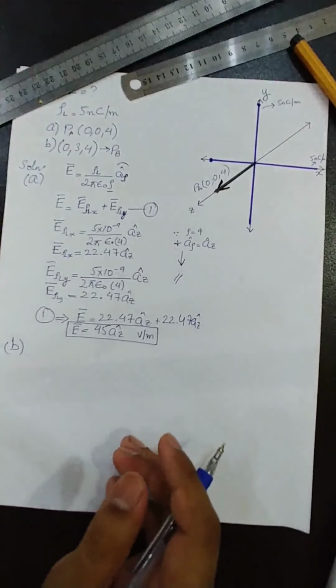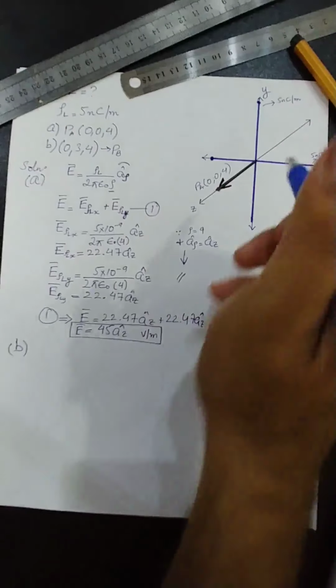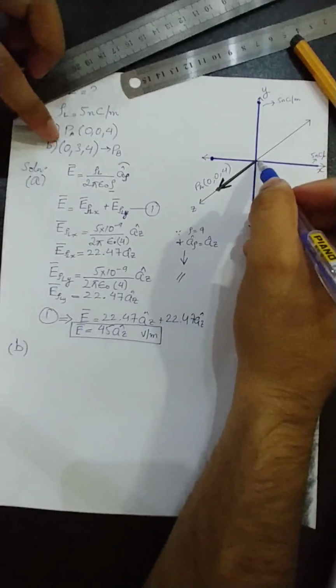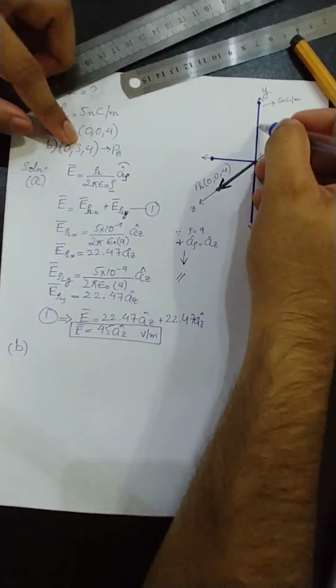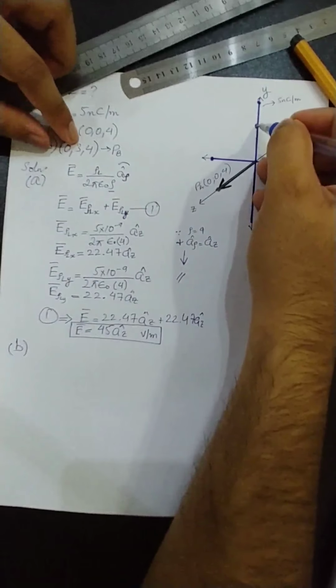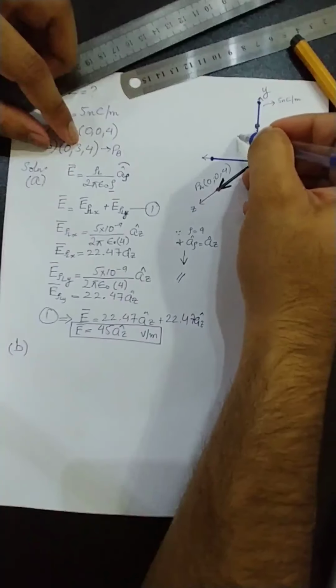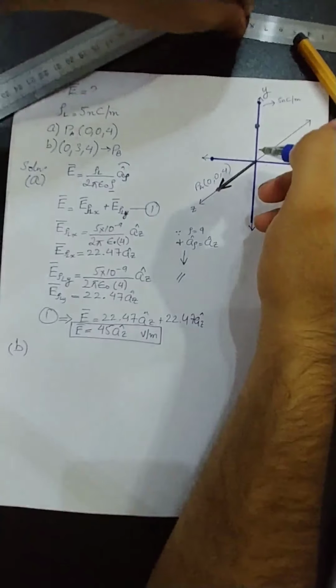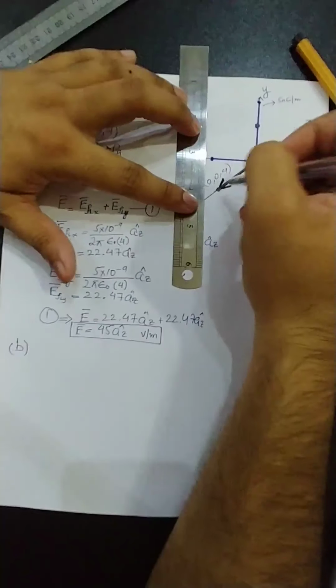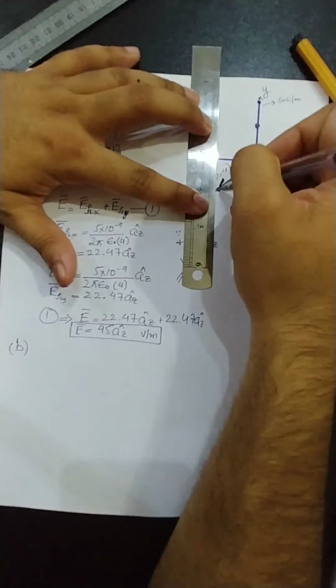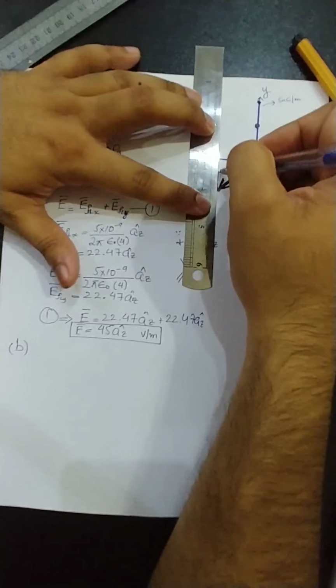For part B, the field point is given to be x 0, y 3, and z 4. So it means that this was 0, 0, 4.